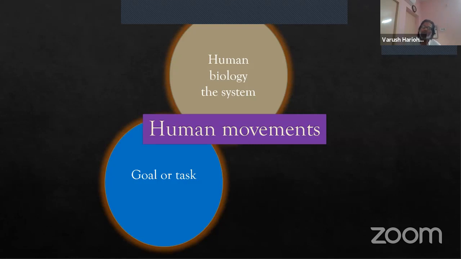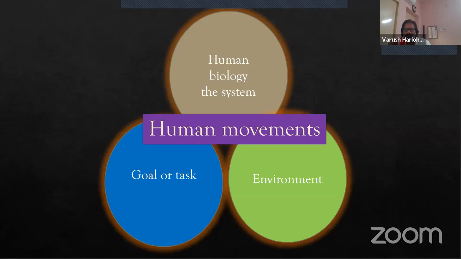Your biology alone does not influence it. It is what task you're doing. And if you're doing a task, you have to do it in an environment. So all three factors are part and parcel of how you do a movement. You cannot see them separately. You have to look into them together.